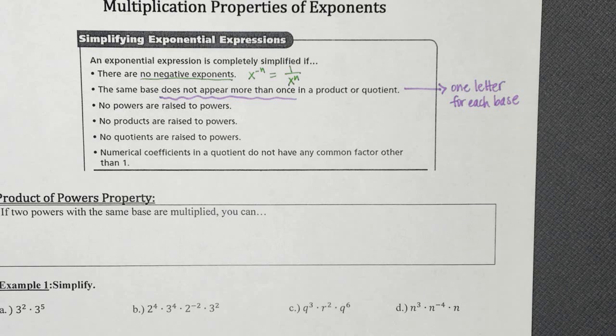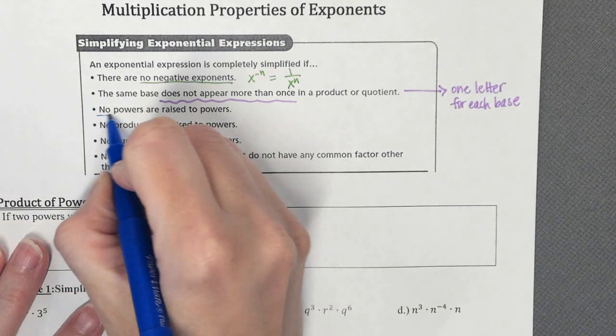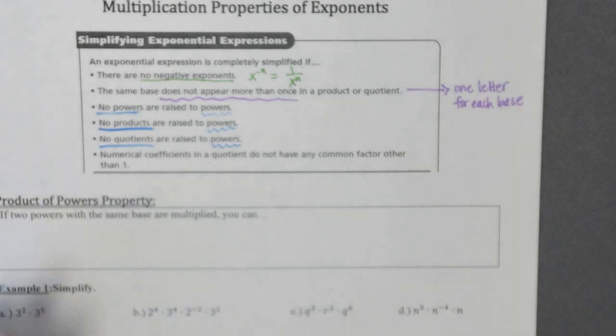Okay, and then the next few are different rules that we're going to learn today. So there'll be no powers raised to powers, no products raised to powers, and no quotients raised to powers. So that's what I'm going to show you how to simplify today.